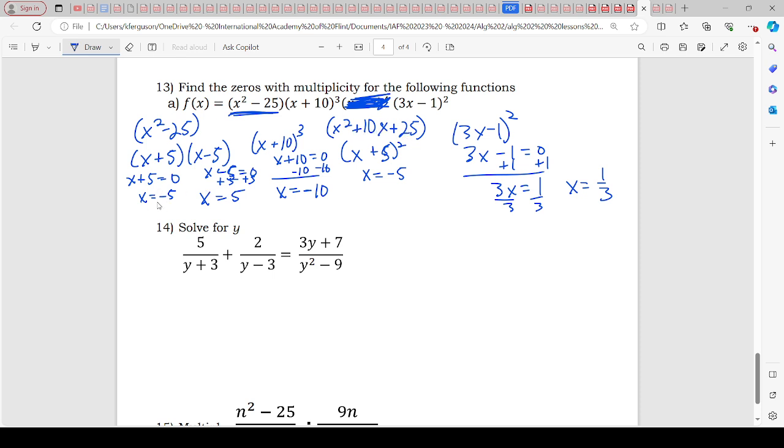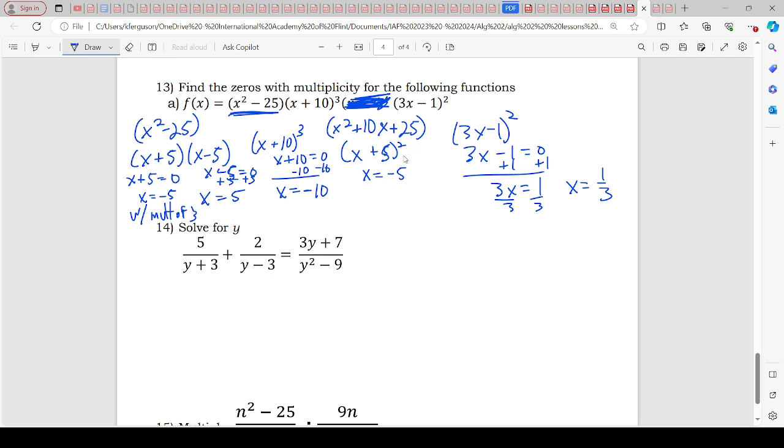So how many negative 5s do I have? Well, I got one right here. And then this one says square, so I got 2. So I got a solution of x equals negative 5 with a multiplicity of 3. That's why I wanted to do this one to show you that.